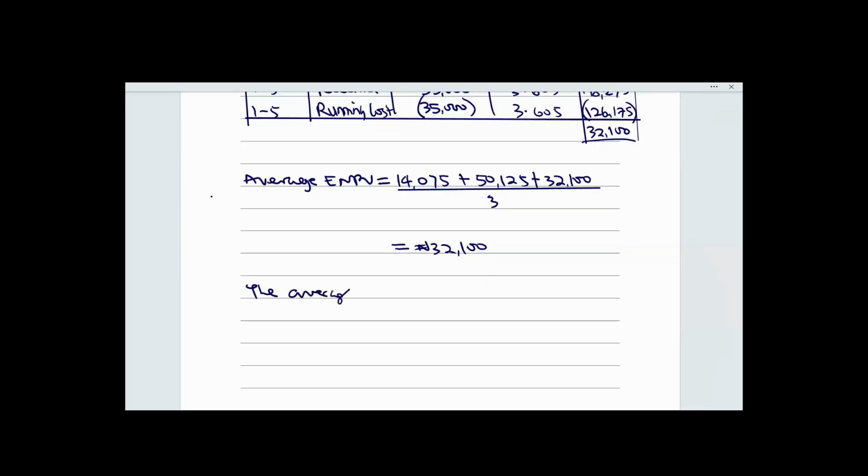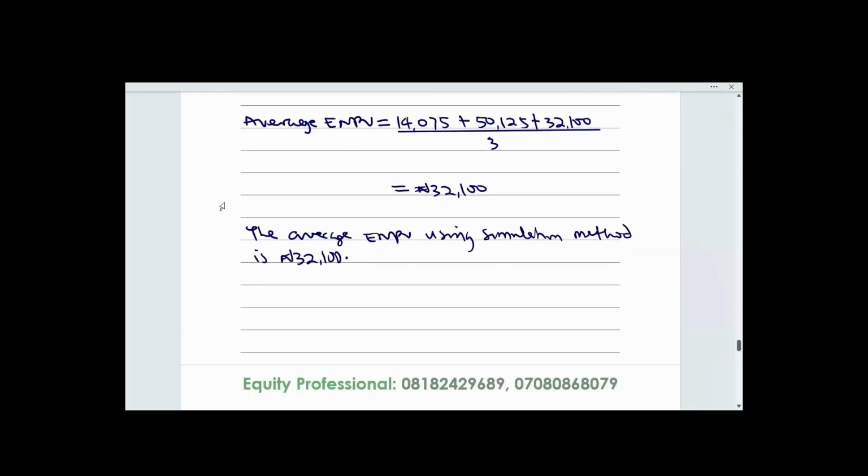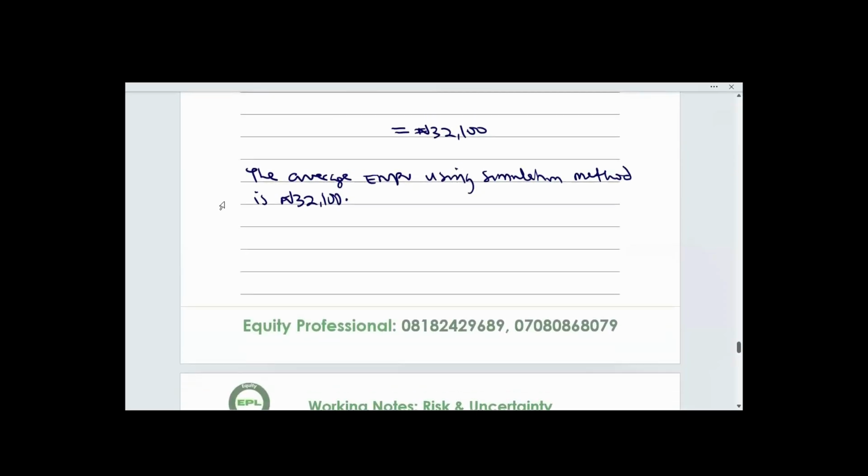The average expected NPV using simulation method is 32,100. So that answers number B, requirements.